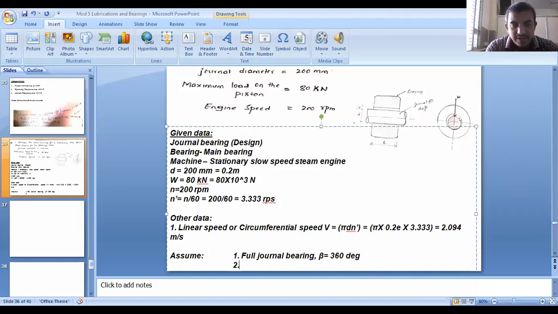Then you take the operating temperature T naught as 65 degree, and the ambient temperature T A as 25 degree centigrade.